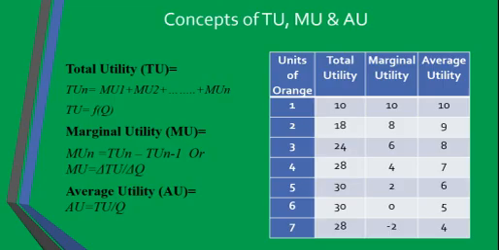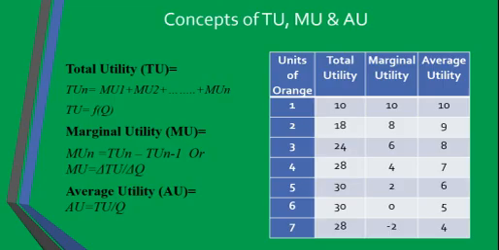When a consumer consumes the third unit of orange, he will get total utility of 24. If you subtract the total utility derived from 2 units of orange from that of 3 units, we will get the marginal utility.